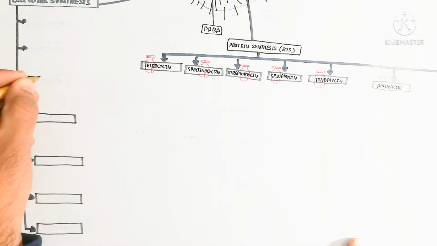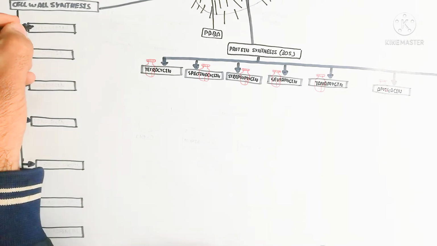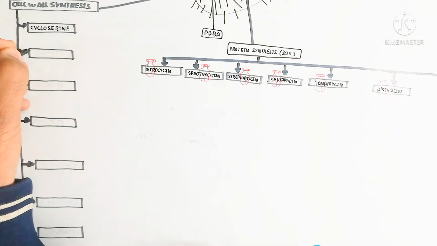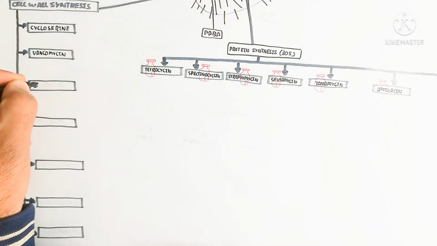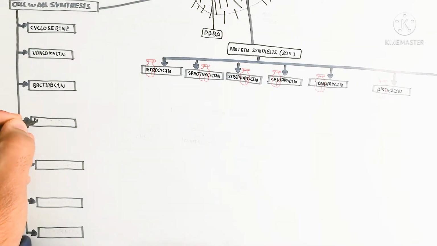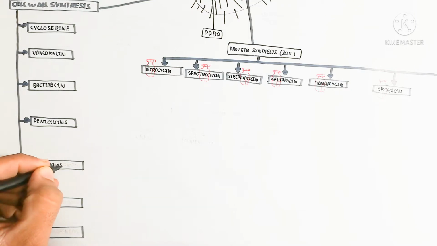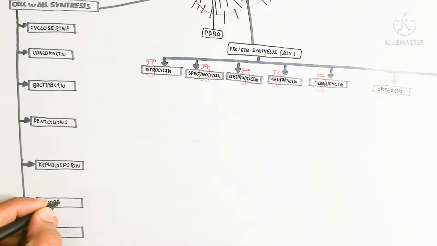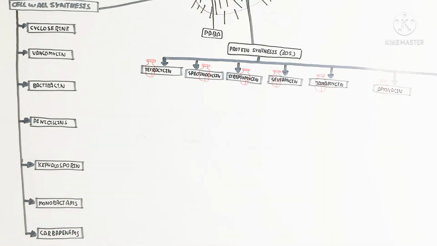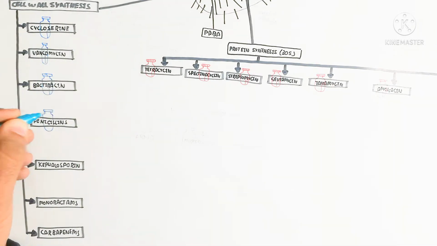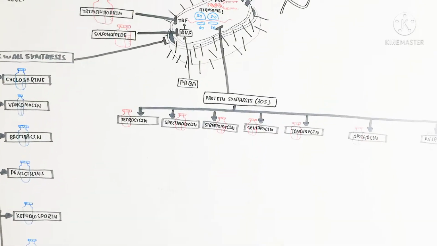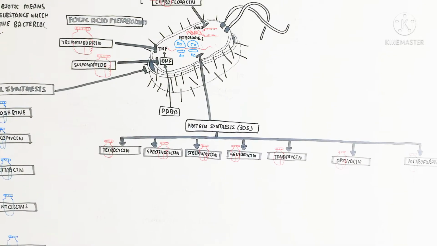Cell wall synthesis inhibition can occur through cycloserine, vancomycin, bacitracin, penicillin, cephalosporin, monobactam and carbapenem.